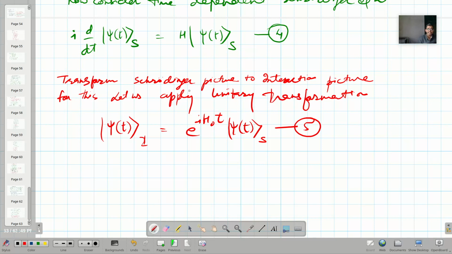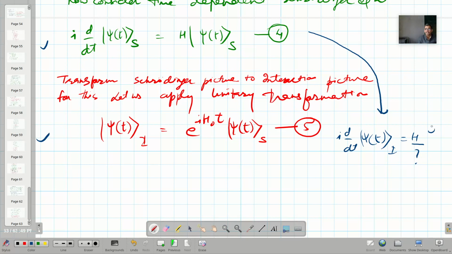Using these two equations, we need an equation like this: iota d upon dt psi t I must be equal to h something else in a different form. This is not the exact form, but we need such a type of equation using these two.